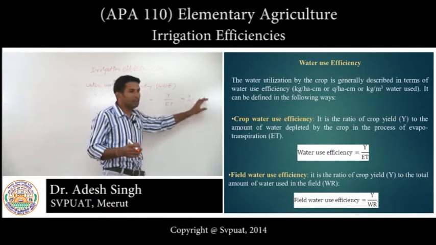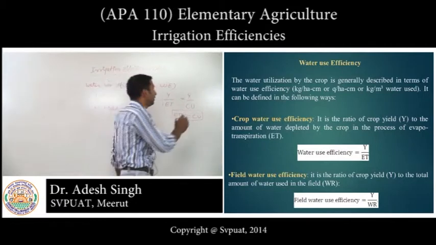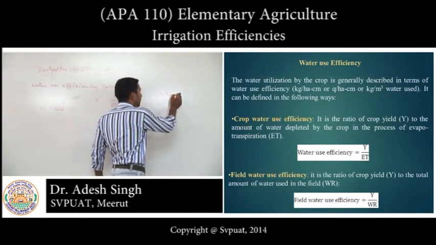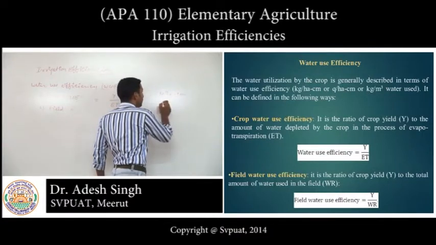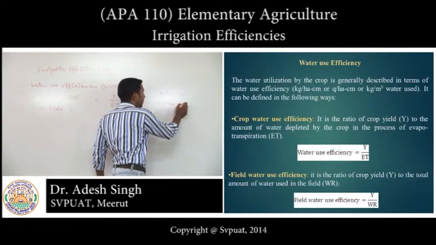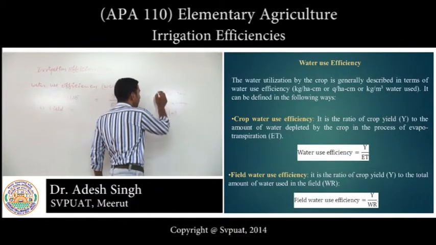And what is the unit? Means the water use efficiency is expressed as either kg per hectare centimeter, or kg per hectare millimeter, or kg per cubic meter.